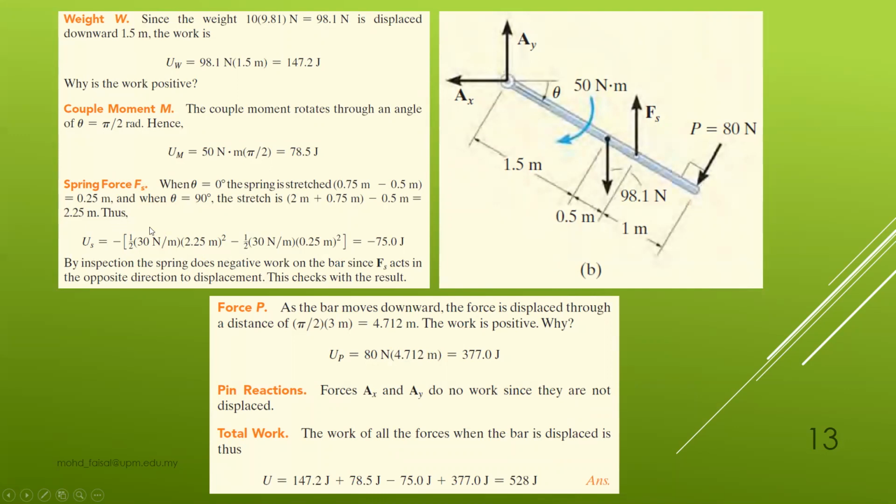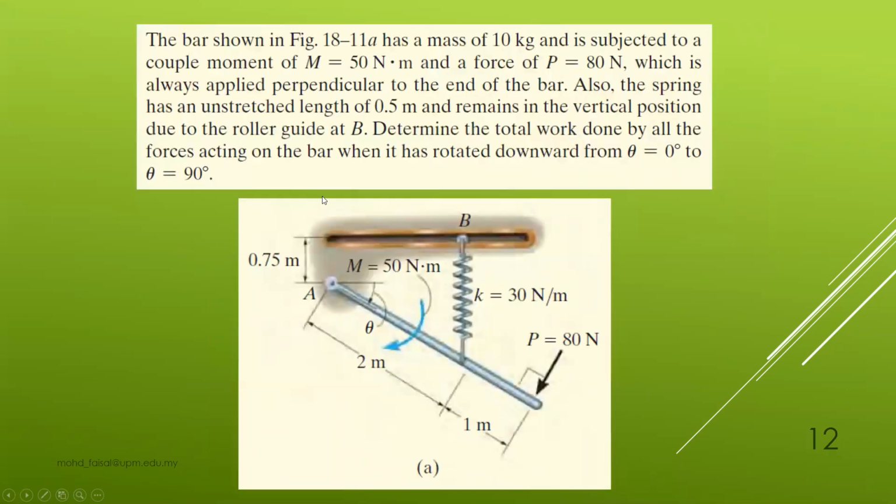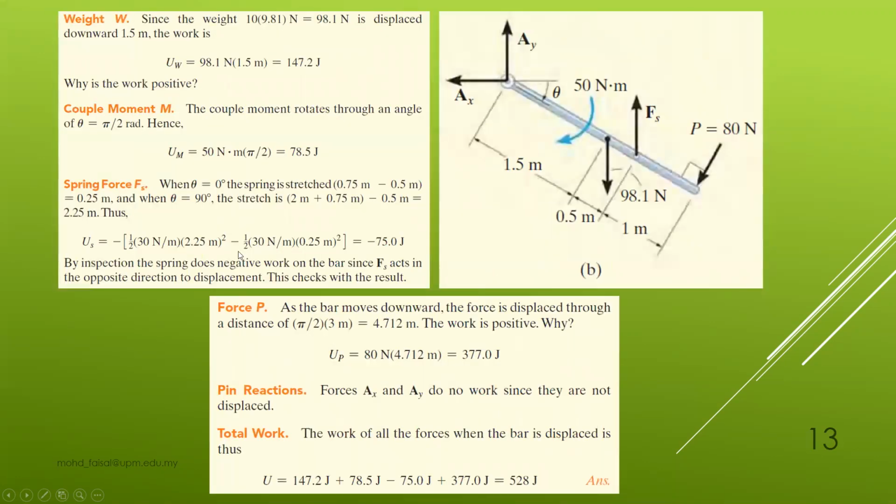Then you just plug in all the values to calculate the energy due to the spring force, like so. Half of 30 Newton per meter, because 30 is given. It is the constant for this spring. And 2.25 is this one.